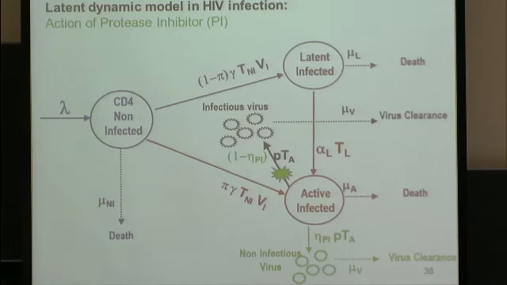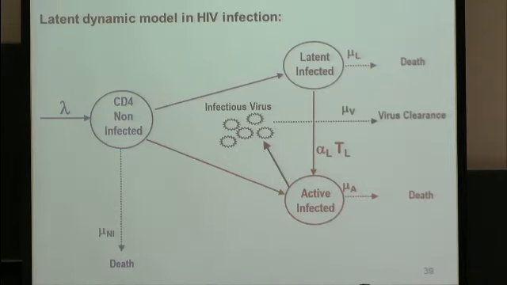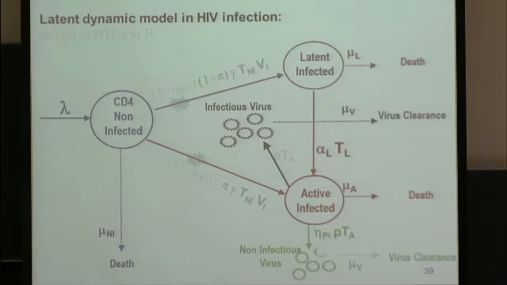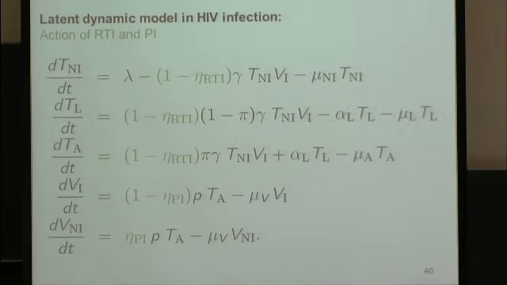If eta PI is 1, we'll have only non-infectious virus. Now, because we have a tri-therapy, we have the action of the two of them. This is explained by this model, where we now have 3 differential equations for the T cells, and 2 differential equations for the virus, and 11 parameters here, and this is the activity of the drugs.